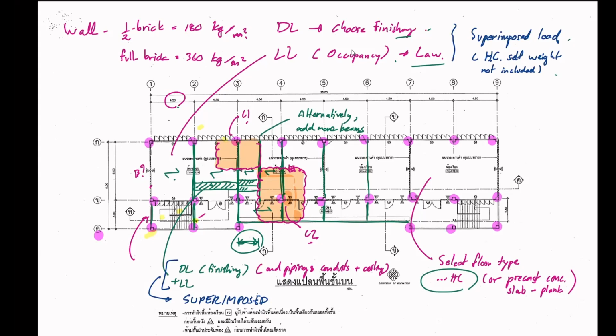If you are a good designer, you actually use both numbers. If the difference is huge, it will not be practical in terms of economy. And it doesn't hurt to use two live loads at all. It's just another load.